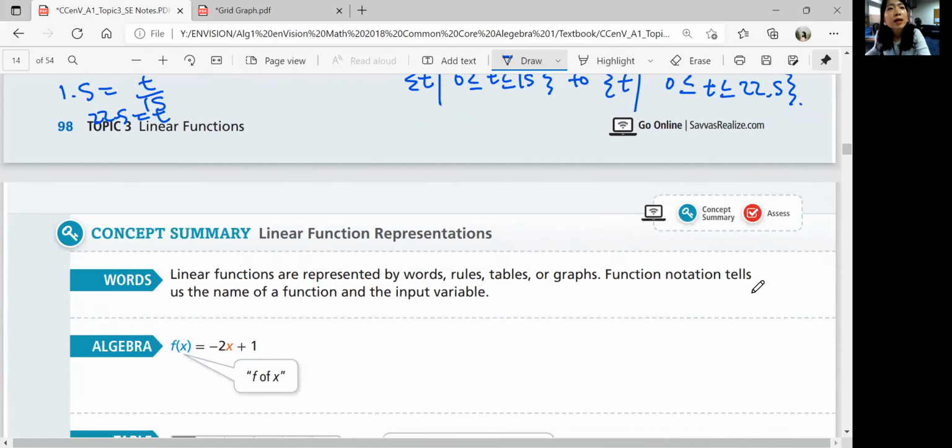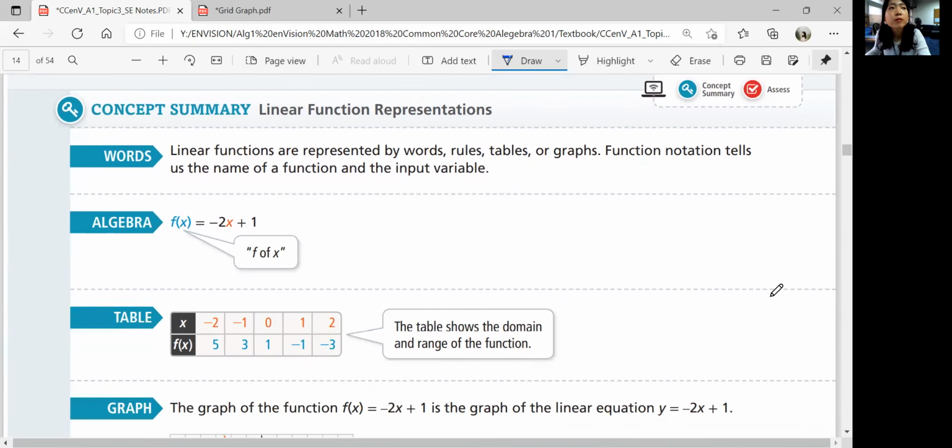All right, so let's summarize our lesson. We've seen linear function representations. Linear functions are represented by words, rules, tables, or graphs. We looked at all the different types of representations. Function notation tells us the name of the function and the input variable.